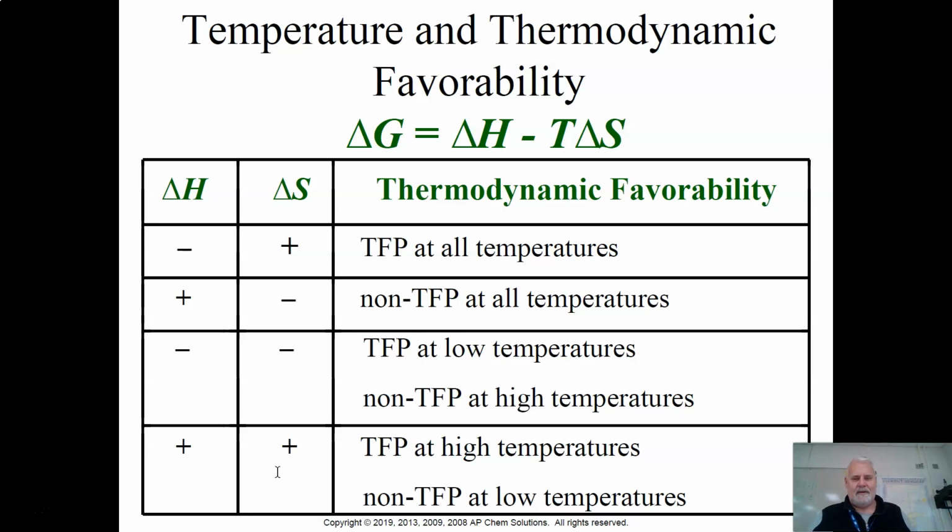If you can just remember that delta H negative, with delta S being positive, both of those are the way things should be, if you want to look at it that way. And that, of course, would be a thermodynamically favored process at all temperatures.